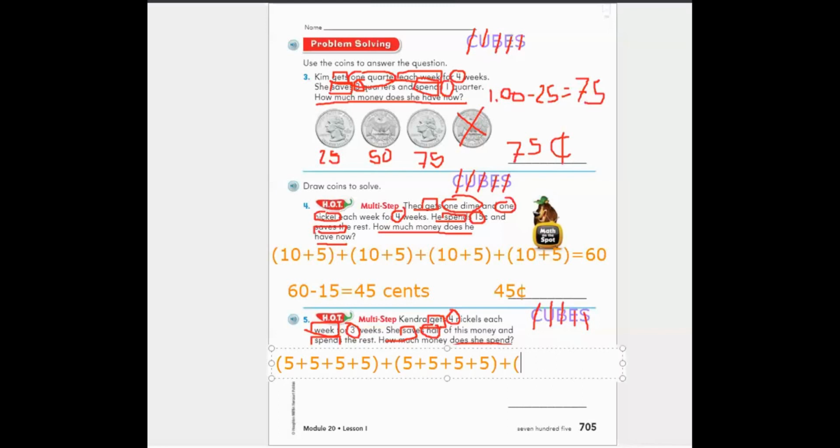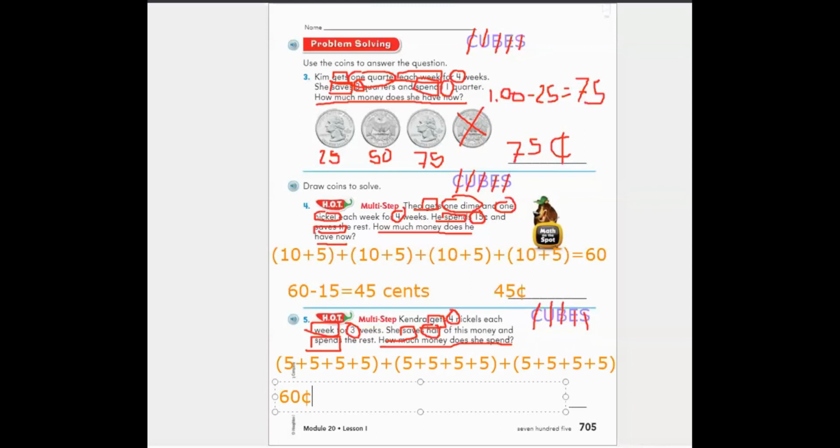Week 3 is 5 plus 5 plus 5 plus 5. That's for 3 weeks. That means in 3 weeks, she got 5, 10, 15, 20, 25, 30, 35, 40, 45, 50, 55, 60. So she got 60 cents.